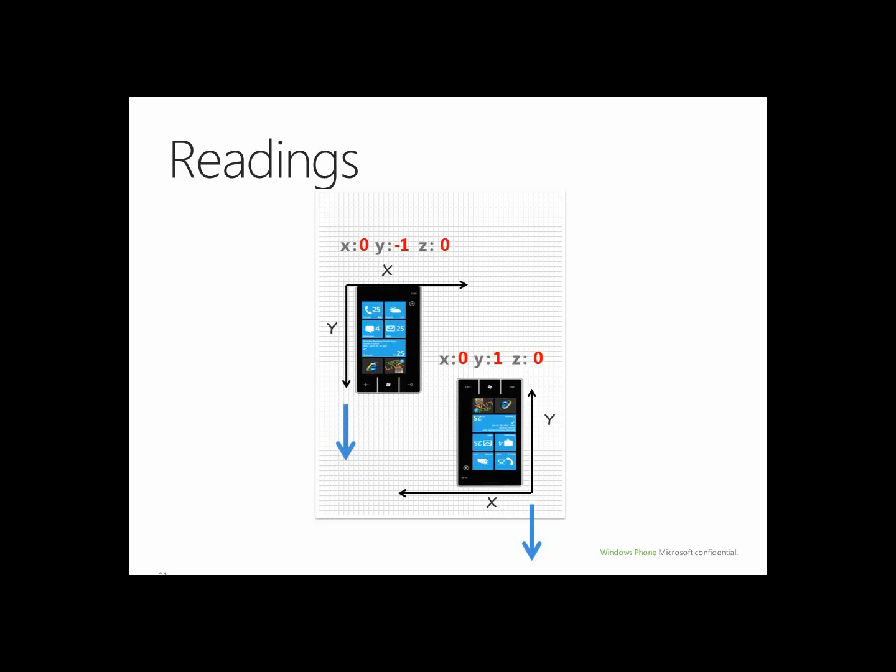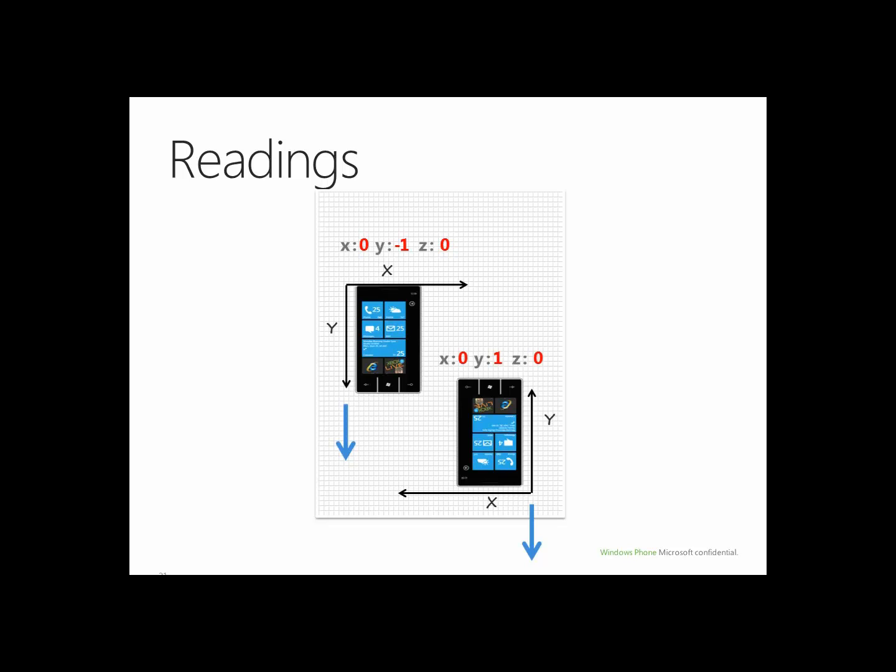Now the arrow shows the pull, and the readings that you will get back from this are x0, y -1, and z0. And the reason, even though you're not moving, that you have a -1 is because of the Earth's gravity. The Earth's gravity is always going to pull 1g.